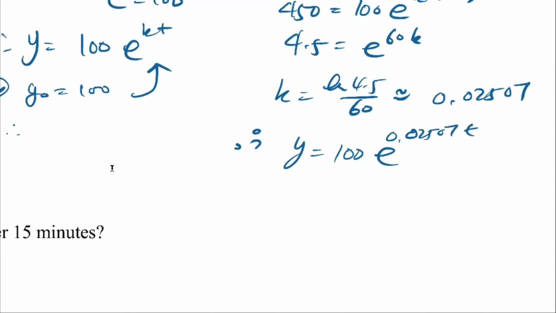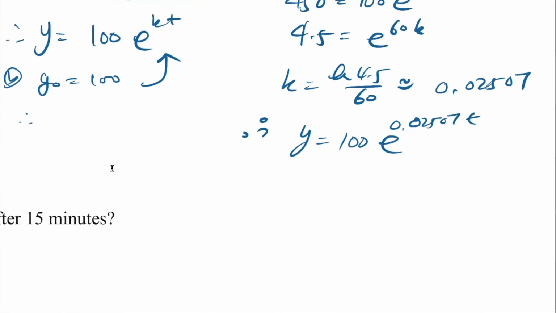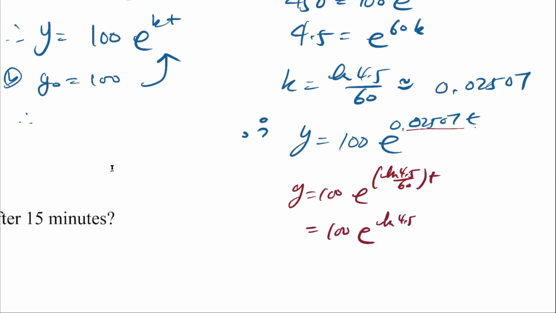If you did that and replaced the k right there, then y would have been 100 e to the ln of 4.5 over 60 times t. If you rearrange that a little bit, it becomes 100 times 4.5 to the t over 60.